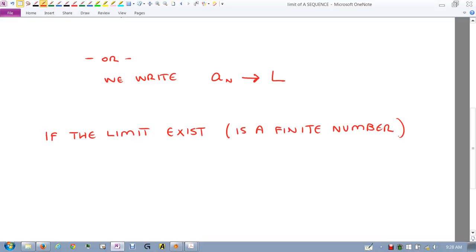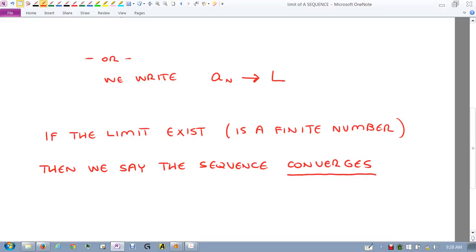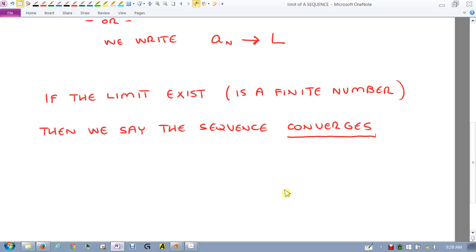We say that if the limit does exist, if it actually turns out to be a number, then we say the sequence converges. So a convergent sequence is a sequence that when you go out to infinity, it's approaching a finite number. It's getting closer and closer to some finite number.